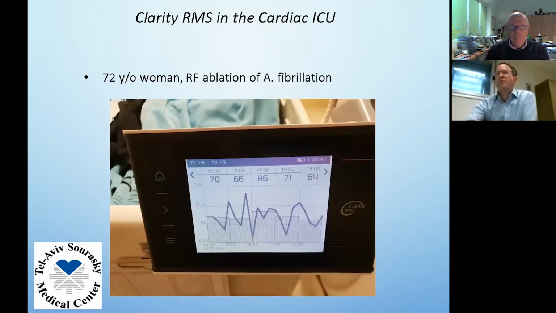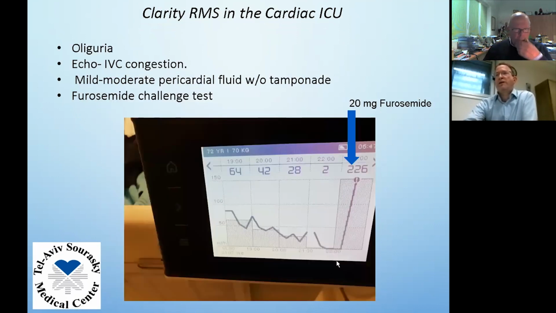Another patient who was admitted to our ICU following radiofrequency ablation of atrial fibrillation, she was connected to the urine output electronic monitoring system. At the beginning, we observed relatively normal urine output, and a few hours later, again, we've seen a greater decrease in urine output resulting in oliguria.